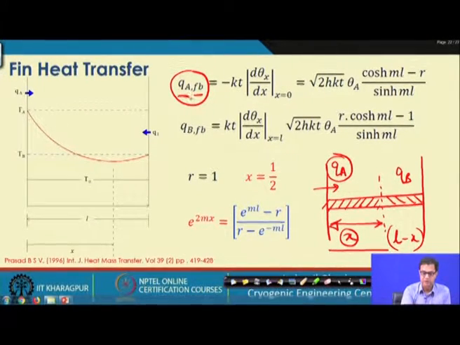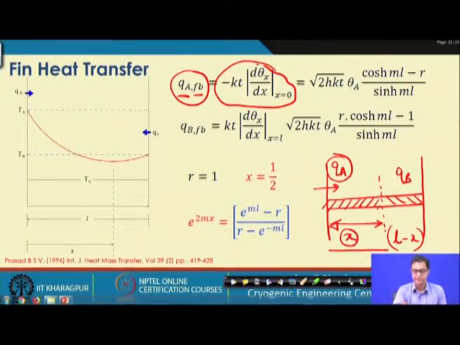It is differentiated as Q A fin base, and that is equal to minus k T dT dx. Please mind that this k T, we have not considered the other dimension or the length dimension of the fin. This is basically a heat transfer per unit length.